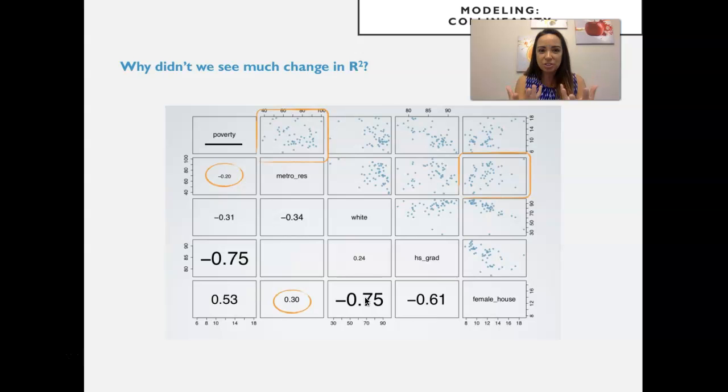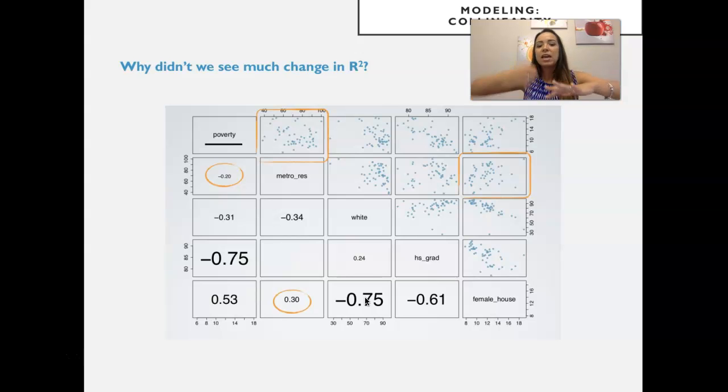So regression, putting it in the simplest of terms, fixes one variable and lets the other vary to see what happens.